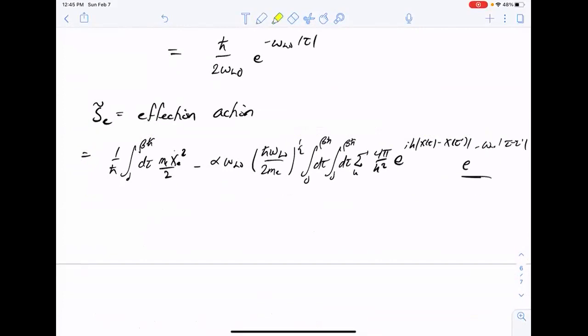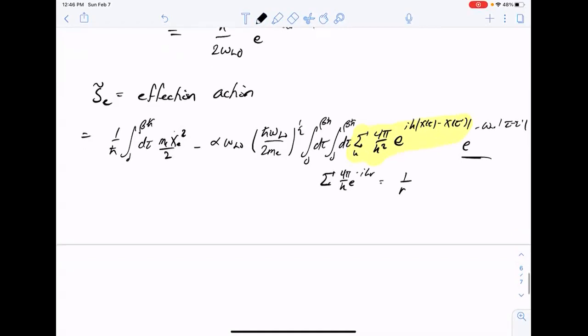There's one last trick to make this a little cleaner. If we note the sum over k, 4 pi over k squared, that is a Fourier transform. The Fourier transform of 4 pi over k squared is equal to the Coulomb potential.